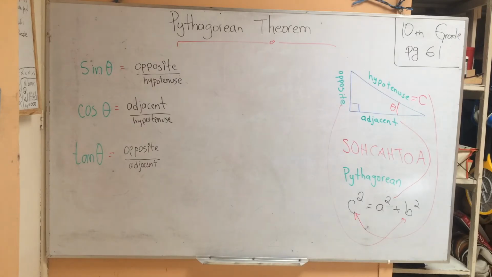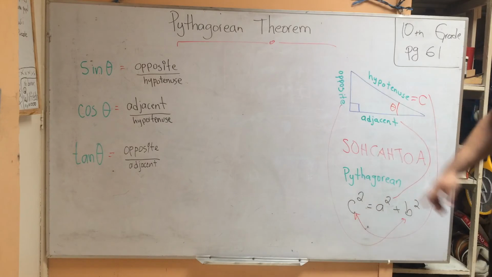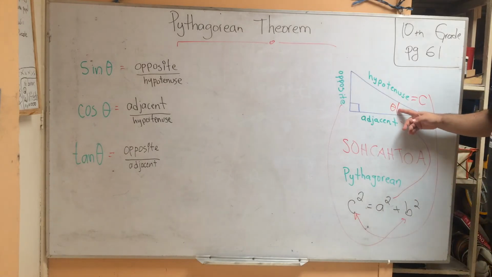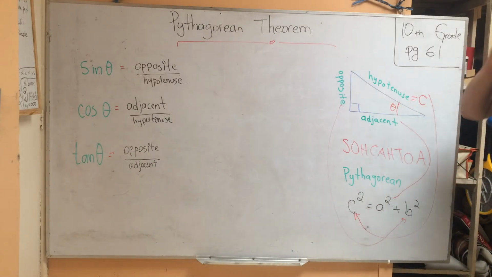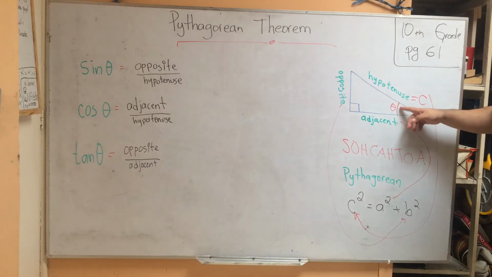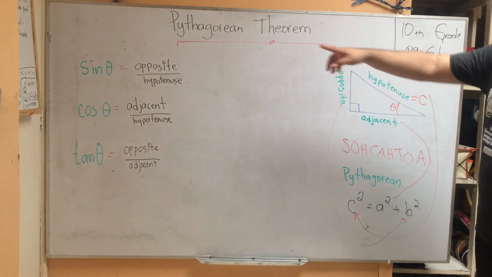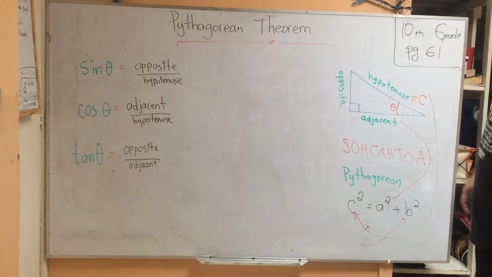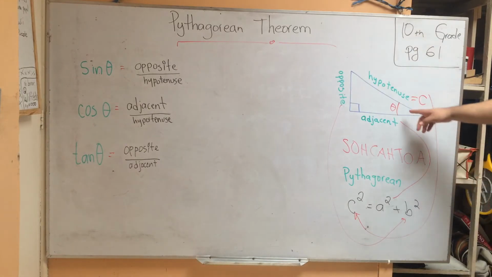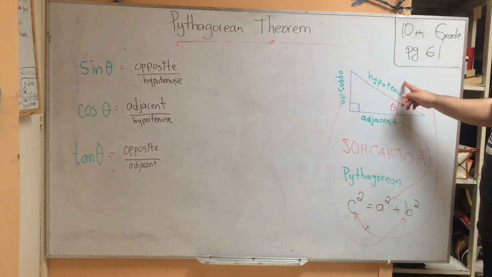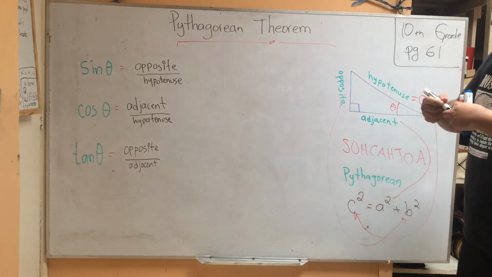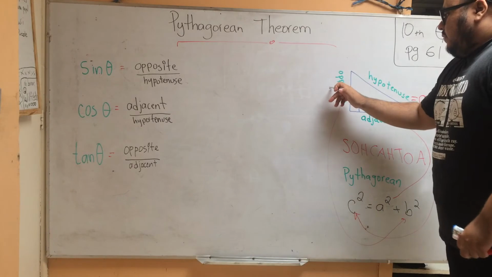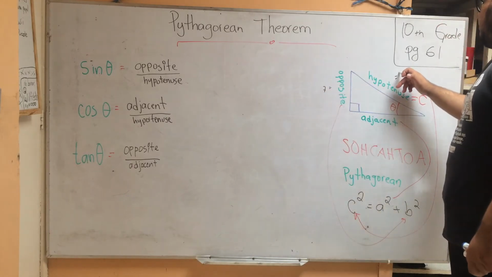That means that we already have the measurement of one angle, right? So if we want the measurement of this angle, we're going to use the formula for sine. The measurement of this angle would be the opposite over the hypotenuse. Let's say that the opposite is 7, just as an example. Let's say that this one is 7 and this one is 14.